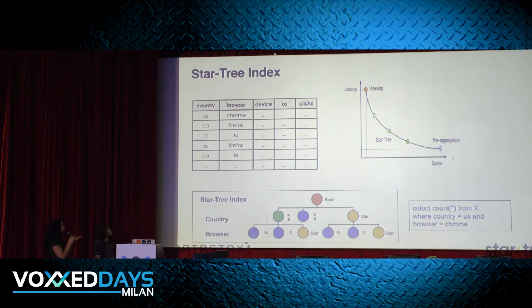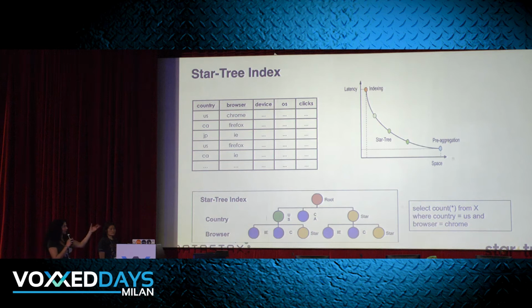So essentially the StarTree index is kind of a happy middle between indexing and pre-aggregation. It has the ability to do pre-aggregation for things, but you also have a threshold.